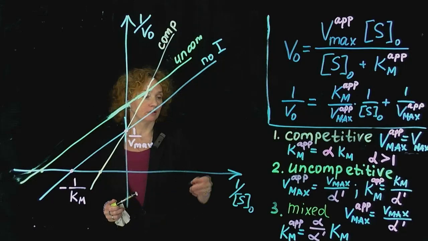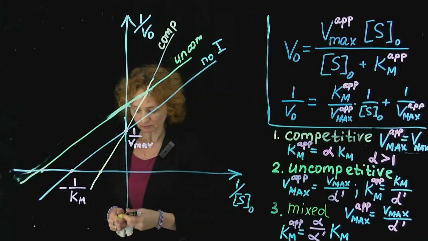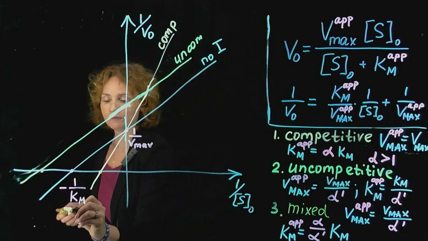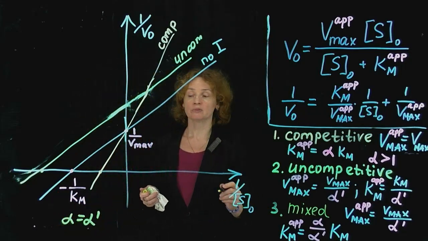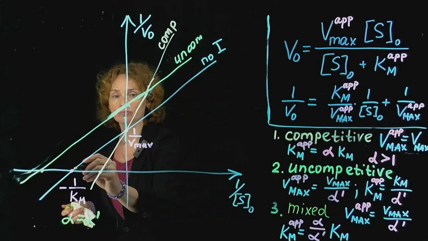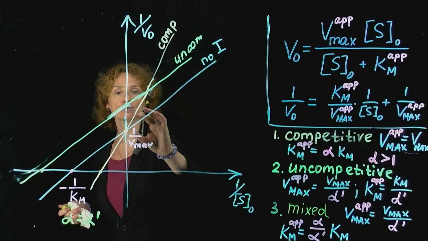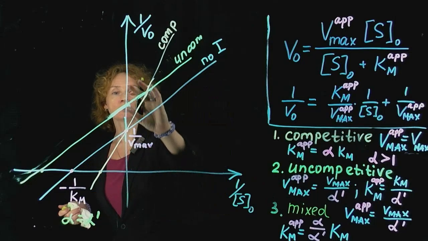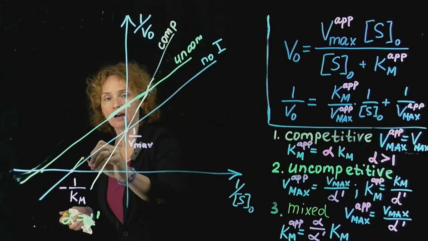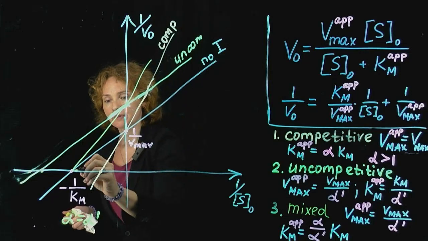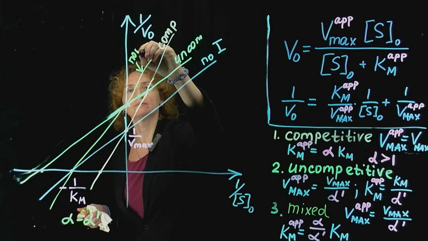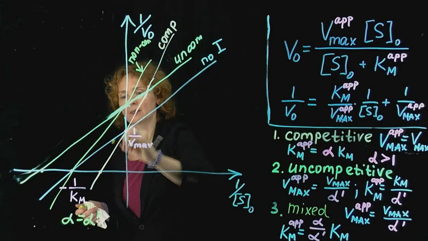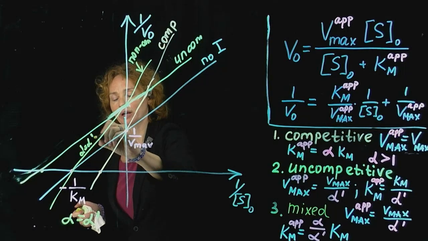So if I have alpha equal alpha prime, then it means that my Km doesn't change, right? But my Vmax should be decreased. It means that the intercept is higher now. And this is a case of non-competitive. So alpha equals alpha prime.